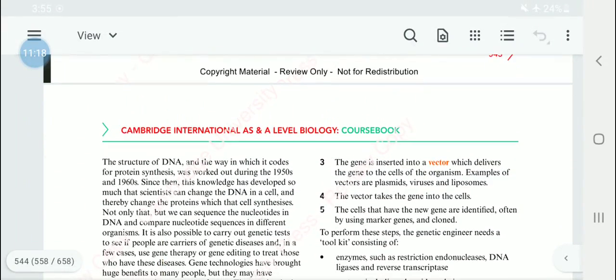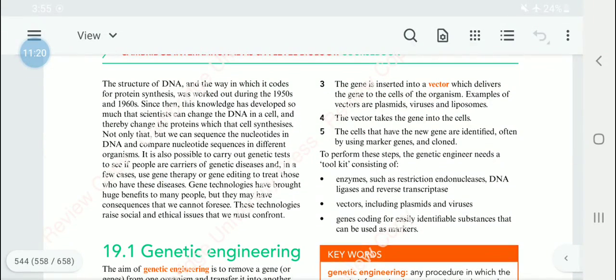Then we insert this gene into a vector which would deliver the gene to the cells of the organism that we are going to manipulate.